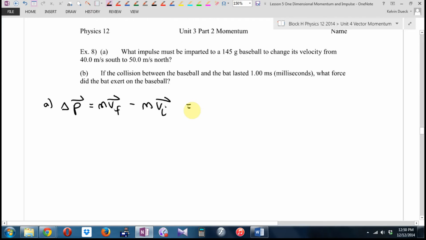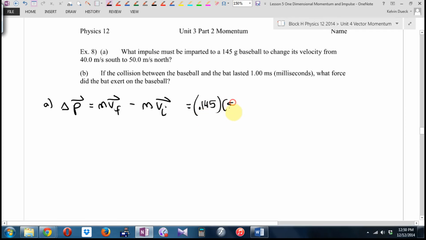Is that okay? Mass 1, 145 grams. What's that in kilos? 0.145. What's the final velocity? Which one, 40 or 50? 50?